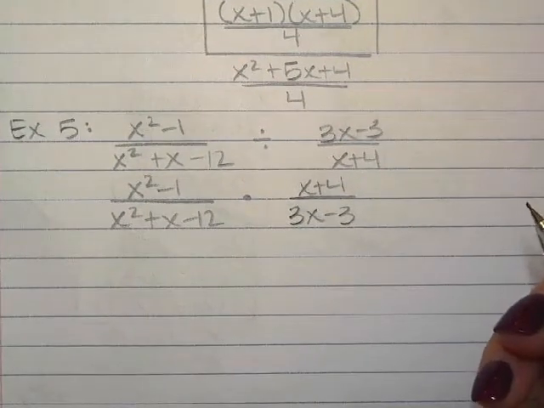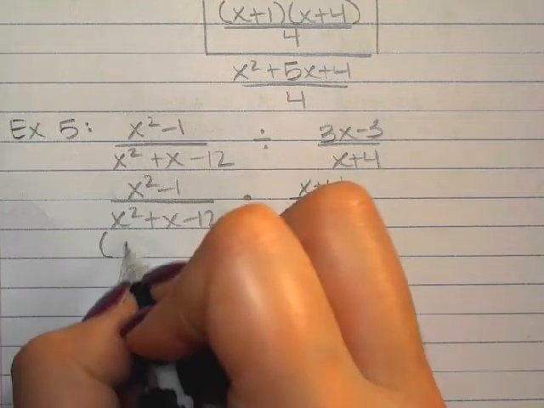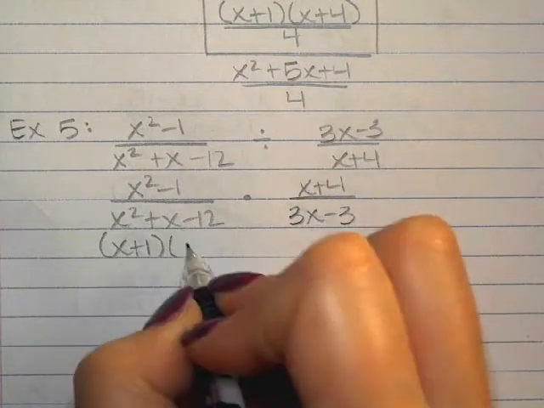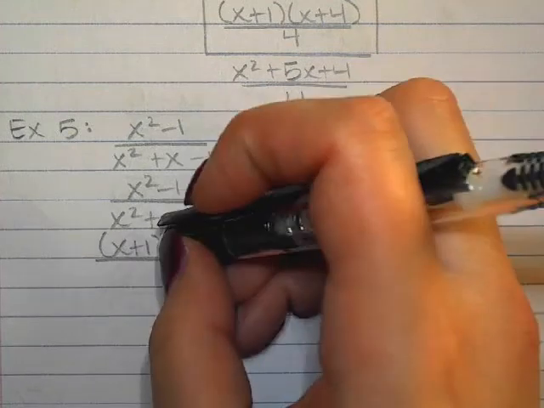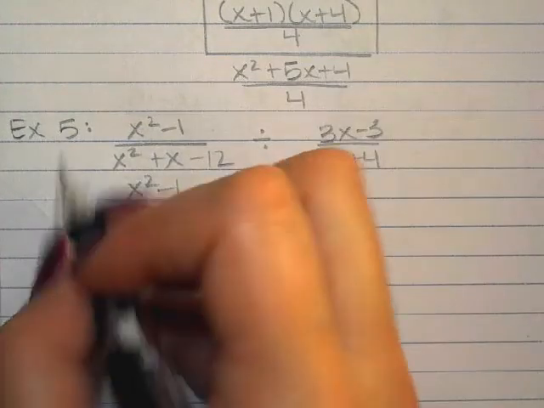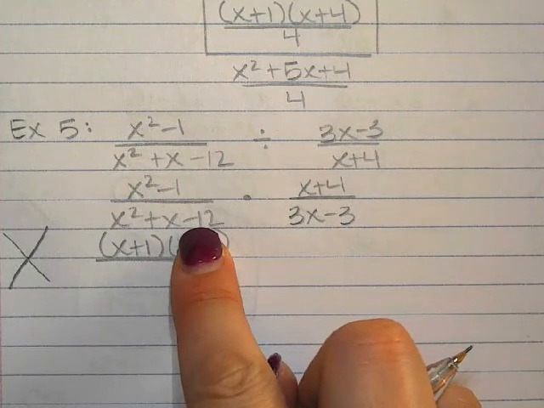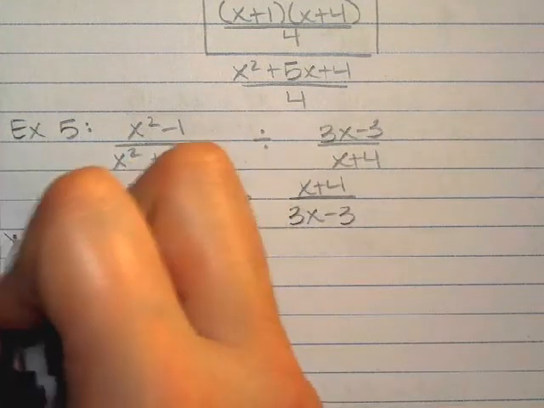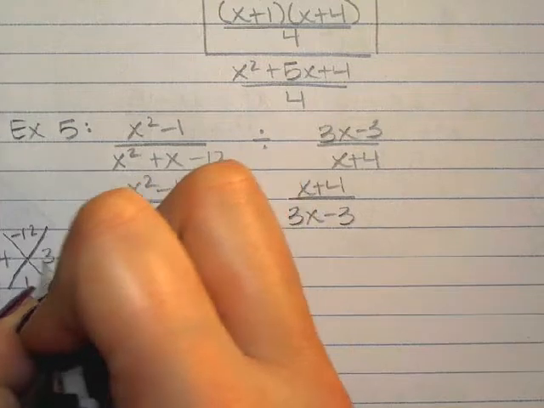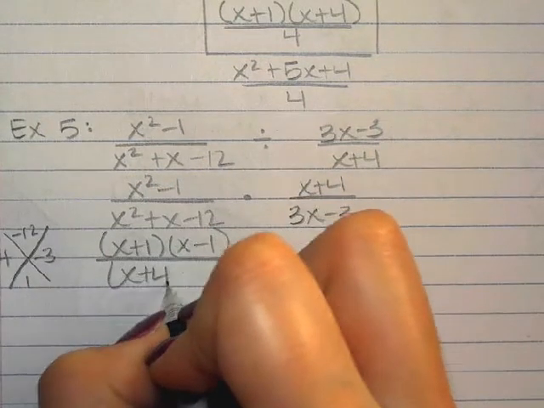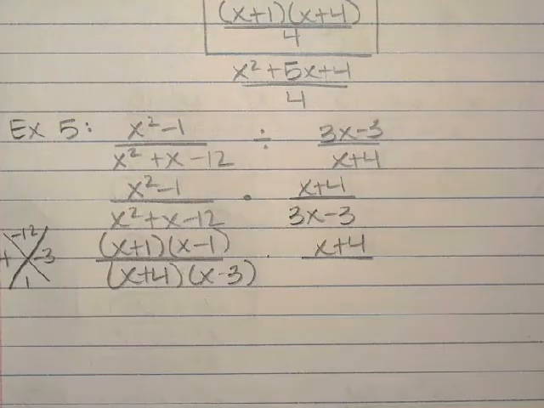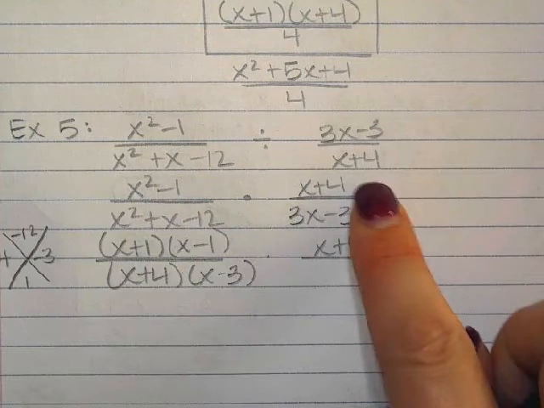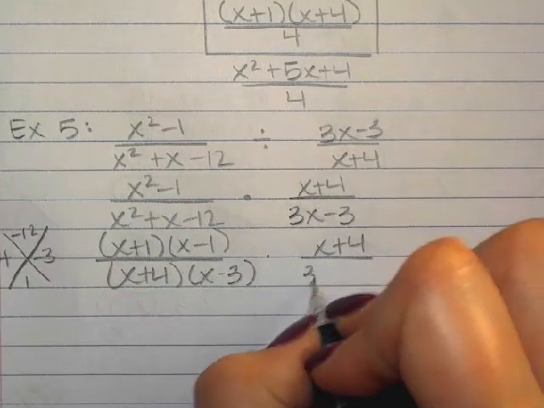And then we're going to factor. On the top, I can see difference of squares. And on the bottom, I'm looking for two things that multiply to negative 12 but add to positive 1. That would be 4 and negative 3. And for the second fraction, I have a GCF of 3 that I can take out.